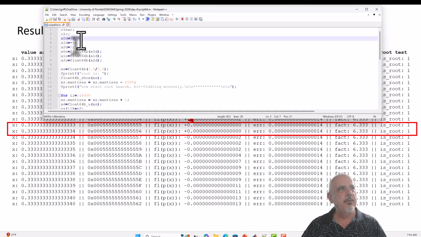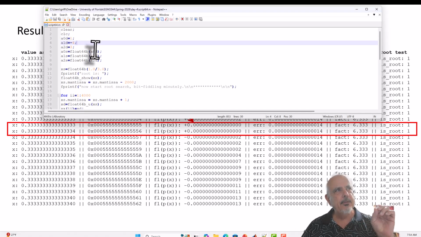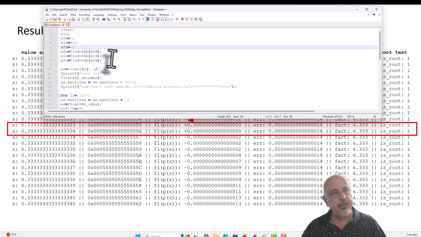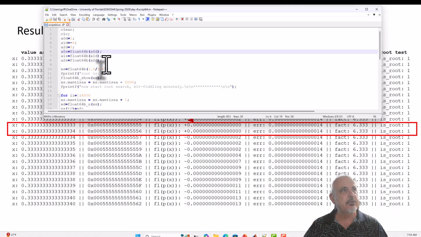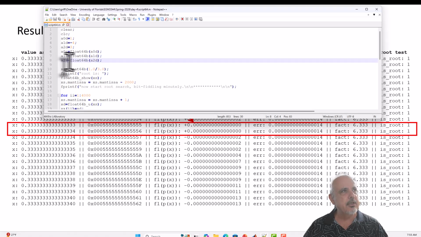So remember that the constant coefficient is 1, the linear coefficient is -4, and the quadratic coefficient is 3. And what I do is just like I did in the 2 decimal digit and the 3 decimal digit version. I brought those in as structs, so I did the 64-bit float 64B of those double values, and I got the struct versions of them.